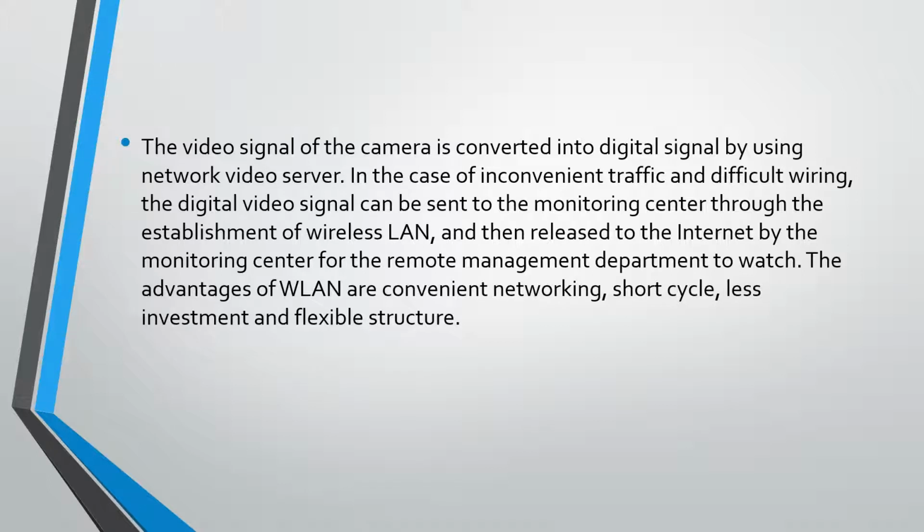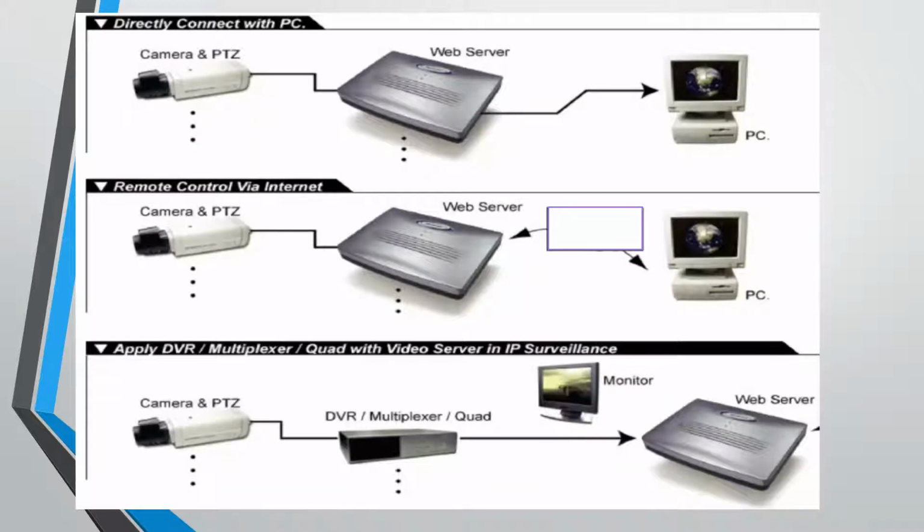In the case of inconvenient traffic and difficult wiring, the digital video signal can be sent to the monitoring center through the establishment of a wireless LAN, and then released to the internet by the monitoring center for the remote management department to watch. The advantages of WLAN are convenient networking, short cycle, less investment, and flexible structure.